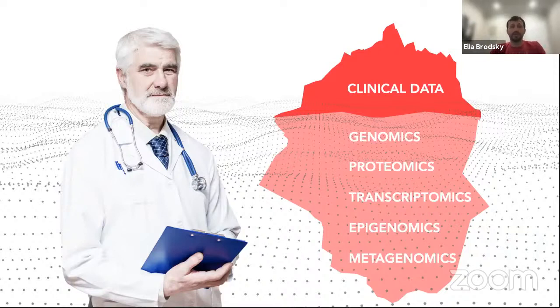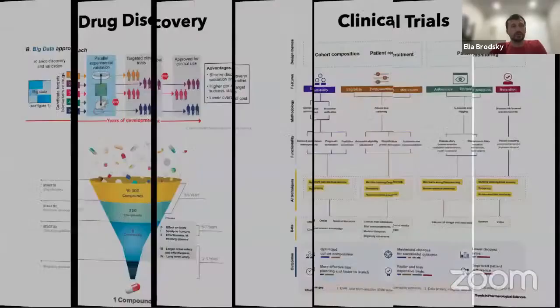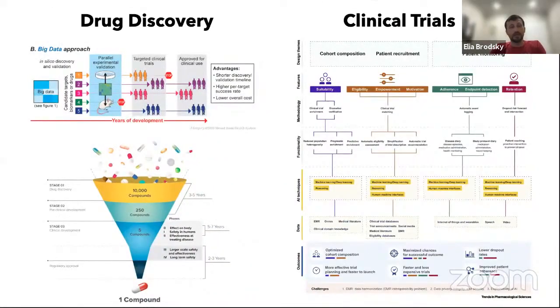And so obviously in the context of biomedical discovery, we're talking about biomedical applications that include treatment and selection of treatment options, stratifying risks for patients, but also we're talking about the application for drug discovery and for clinical trials. And so in drug discovery, this analysis of big data from clinical data as well as from high throughput experiments can speed up the development and the translation of discoveries to the use by patients.